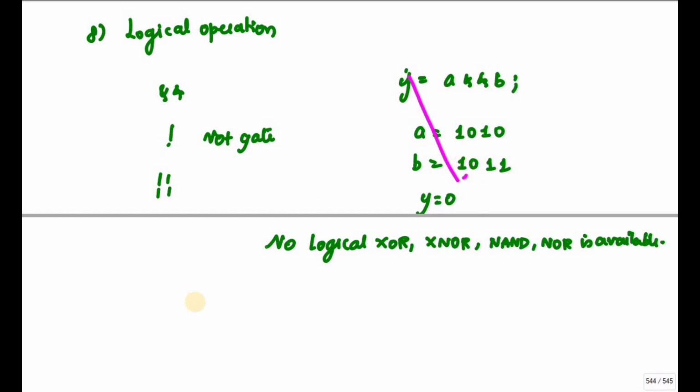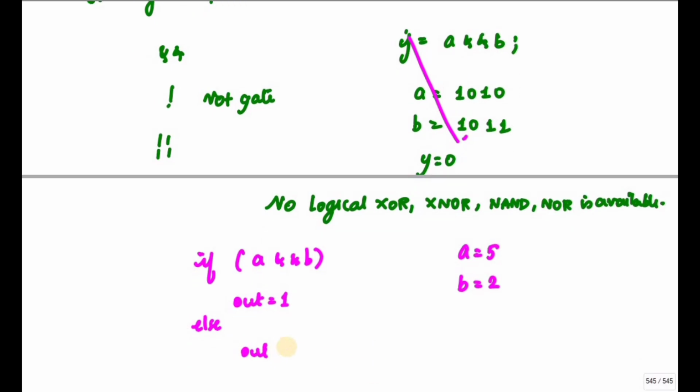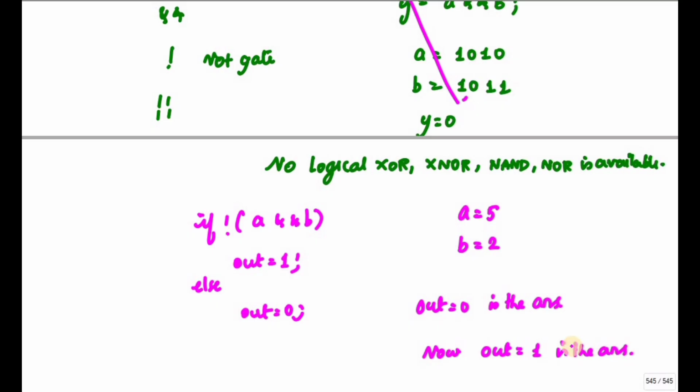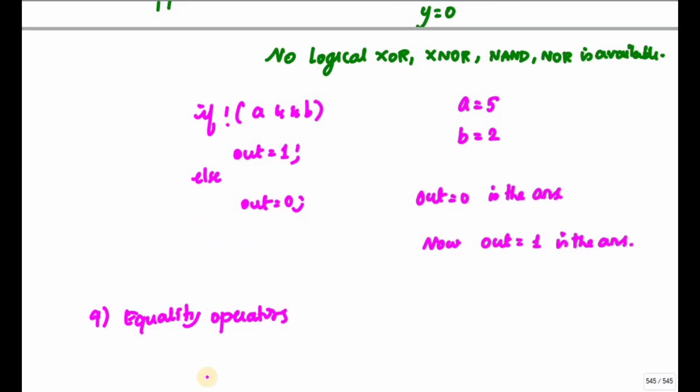So Y is equal to 0, right? Here there is no logical XOR, XNOR, NAND, and NOR available. So if A is 5 and B is 2, both are not the same, so the output is 0. Right? If both are the same, I can write the NAND gate as not of A and B. So now the output is equal to 1.